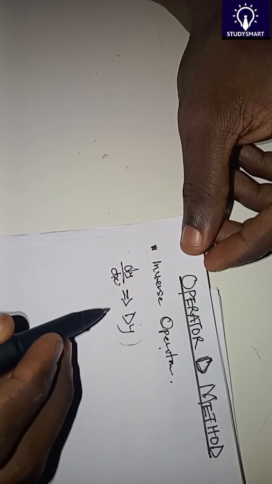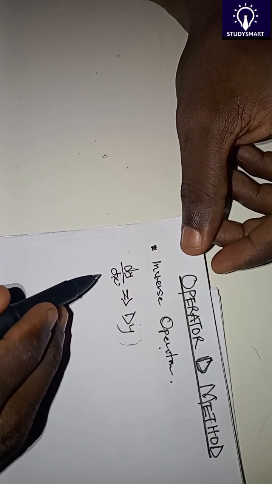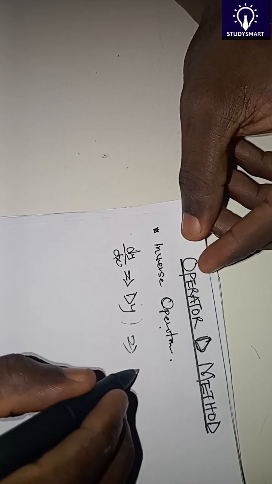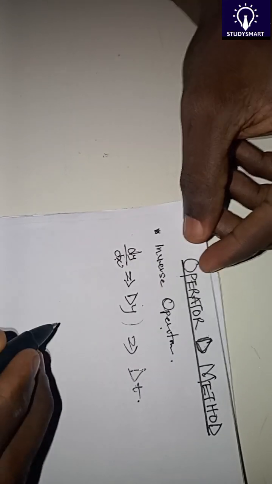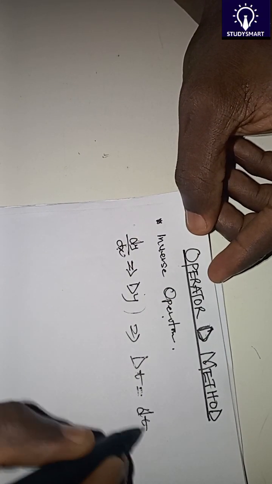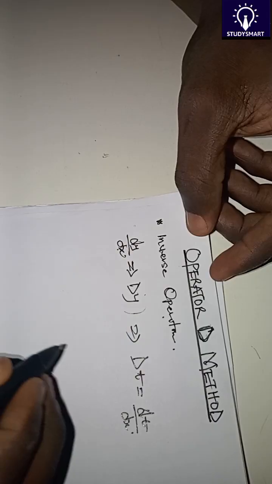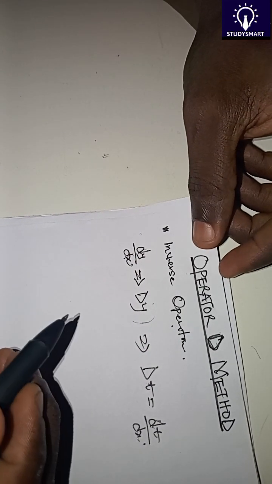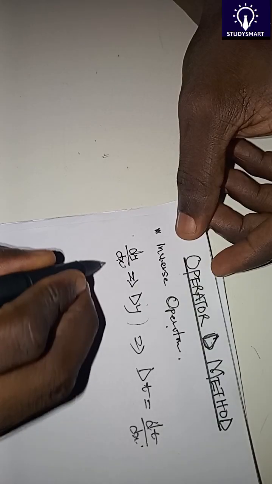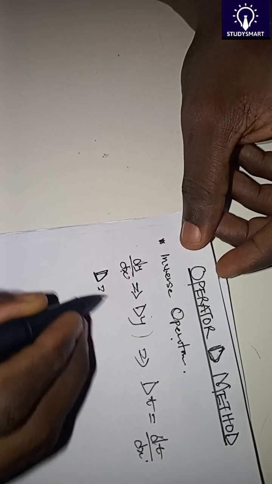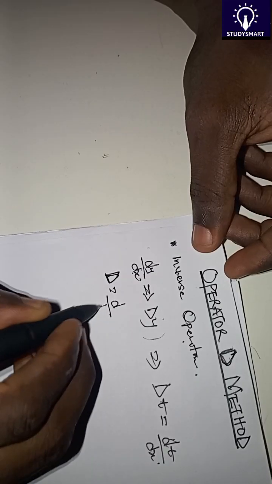Why does this D itself represent d over dx? It means that if I say Dt, this is dt over dx. The function D itself means d over dx.